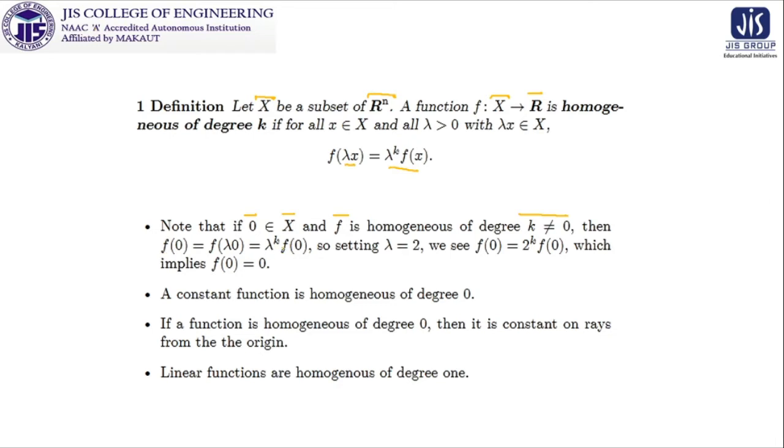So setting lambda equal to 2, we see that f(0) is equal to 2 to the power k f(0), which implies f(0) is equal to 0. Clear? So for these types of functions, f(0) should go to 0.